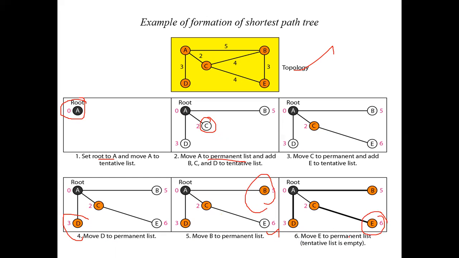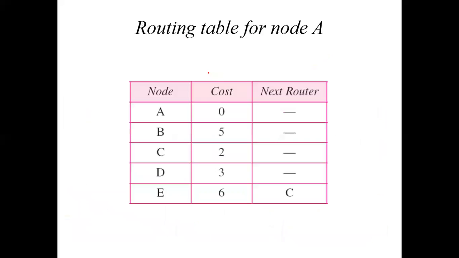This is the formation of the algorithm. Now we calculate the shortest path: 5 plus 3 is 8, but 2 plus 4 is 6. So A to C to E is the shortest path that has been identified here. You can see the routing node cost for A within A is 0.